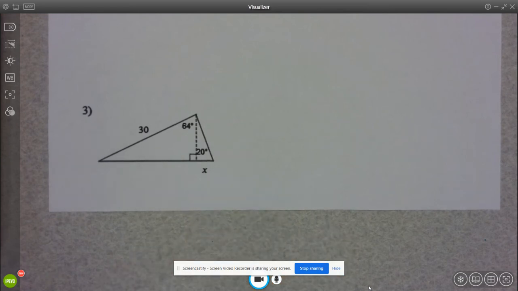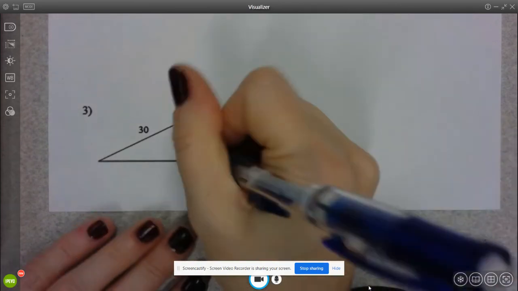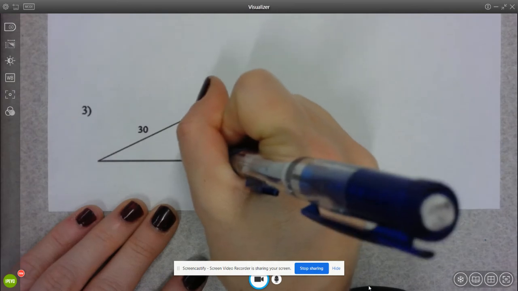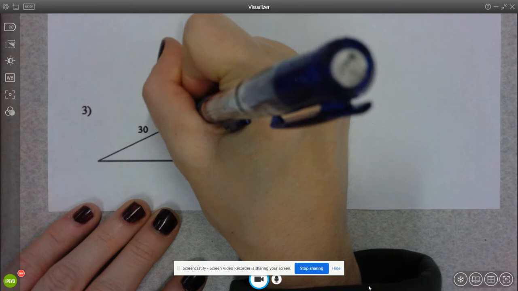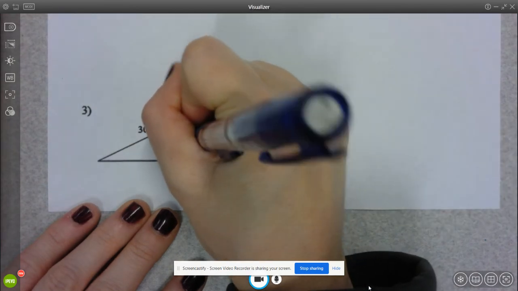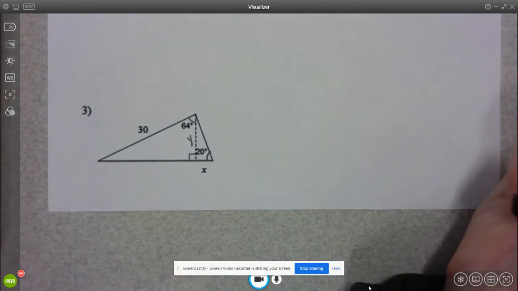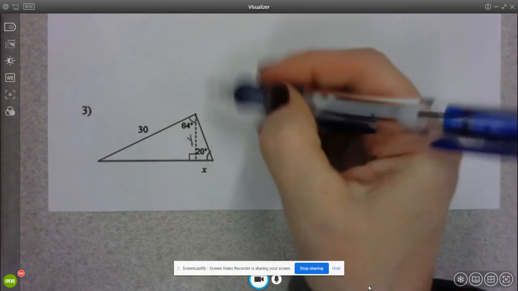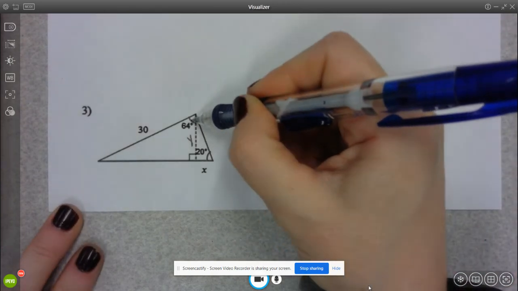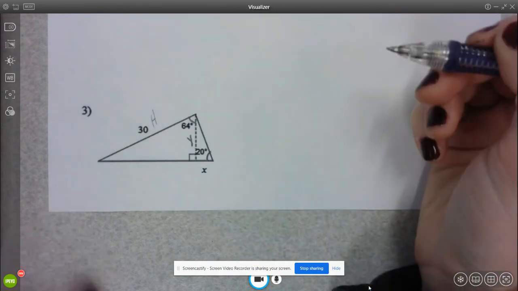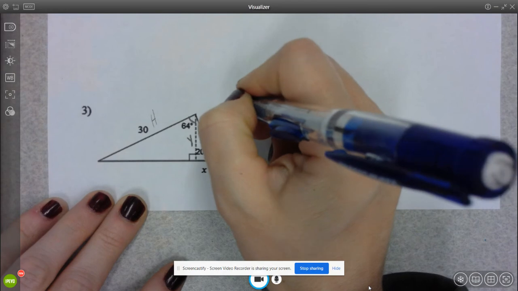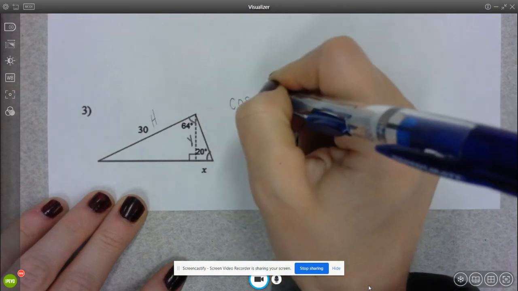We're going to do number 3 together, and then I'm going to have you try some of the other ones without me and pause the video. So again, this is a right angle, so 20 is this angle down here. 64 is this angle up here. Going to label my vertical side Y. So in terms of 64, this angle here, I have Y being the adjacent and 30 being the hypotenuse, which is cosine.